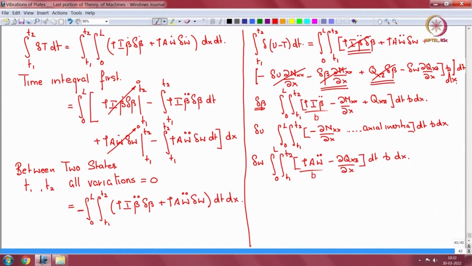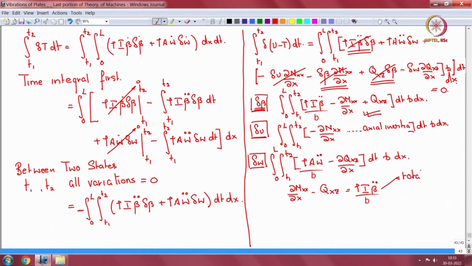So this entire thing must be 0. For any form of these variations, the coefficient of each of these must be 0. So del M_XX by del X minus Q_XZ is equal to rho I beta double dot by b.